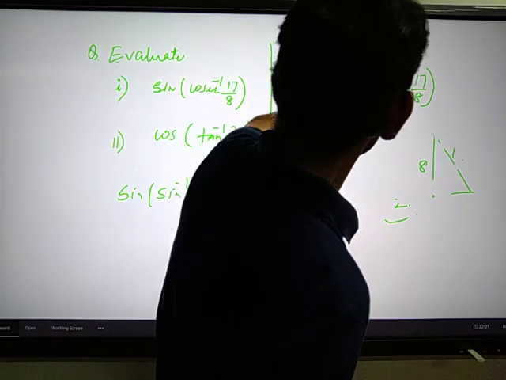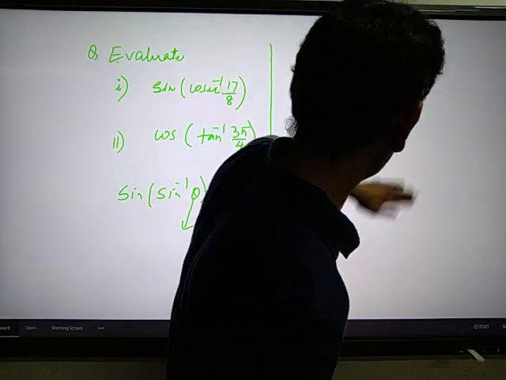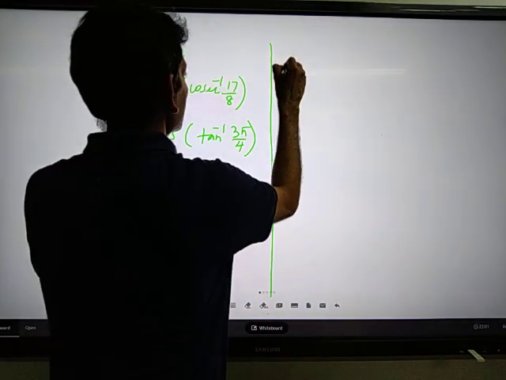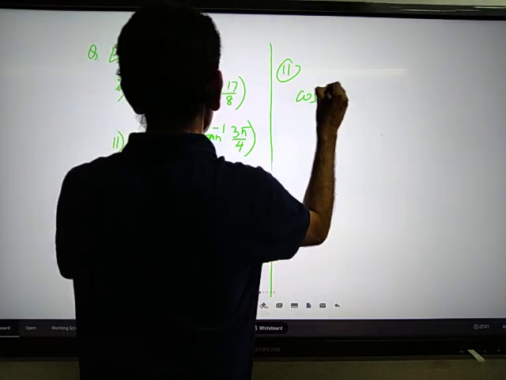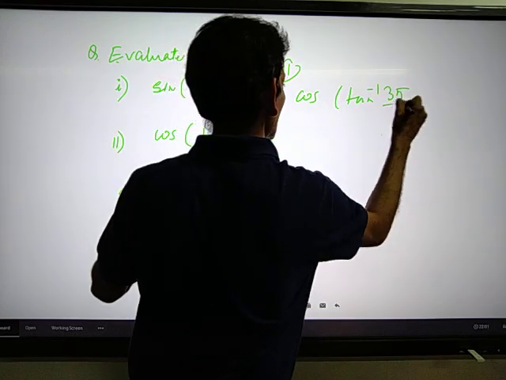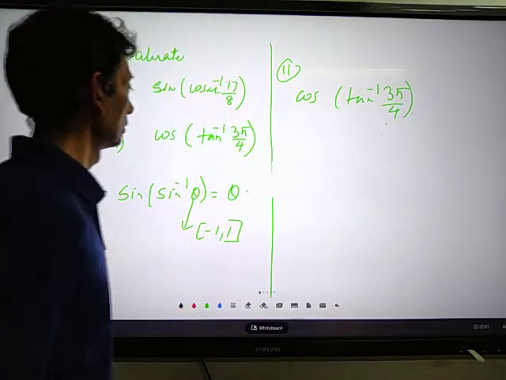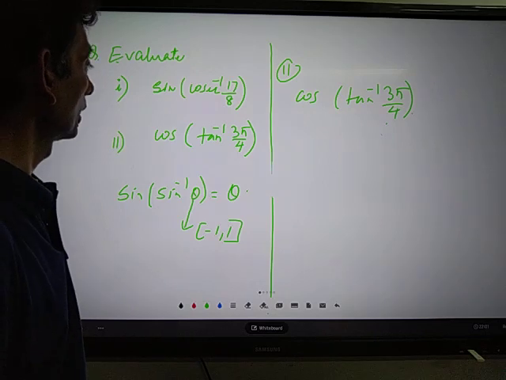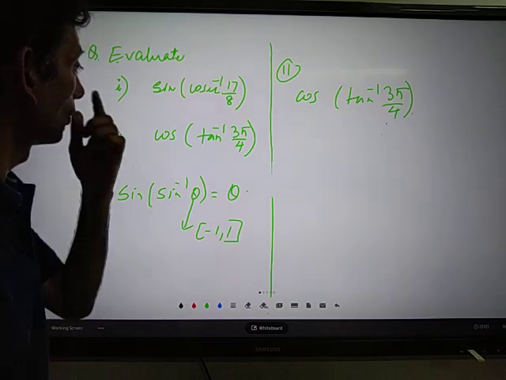What is question 2? Question 2 is cos tan inverse 3 by 4.